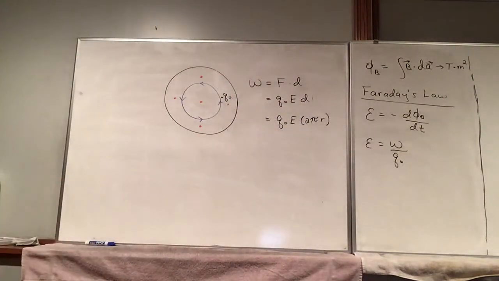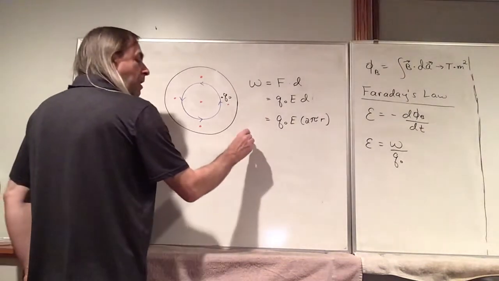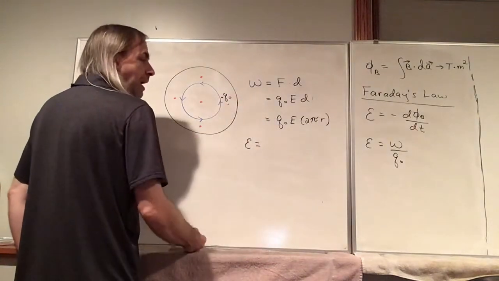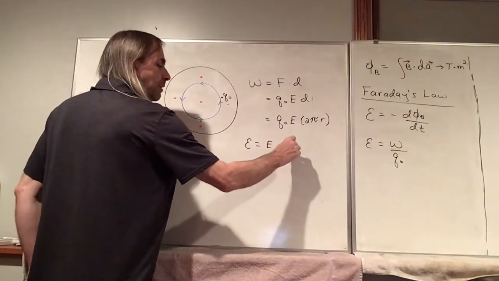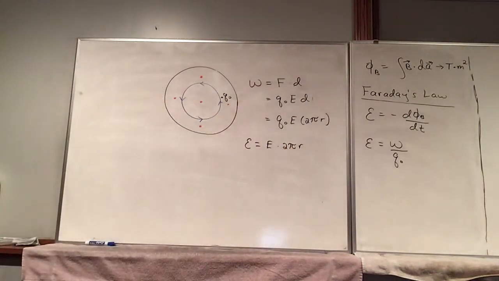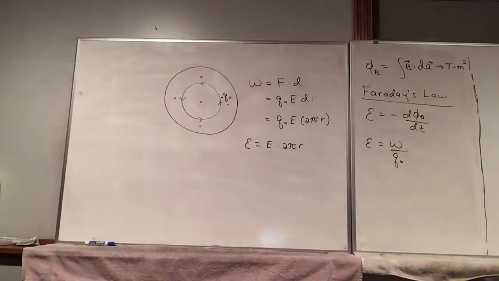So it's the work done by the electric field divided by the charge. So if we look at the EMF, we just divide by Q naught, we get E times the circumference, or just the distance that it moved, which would be the circumference of the circle. So the EMF is E times the circumference of the circle.